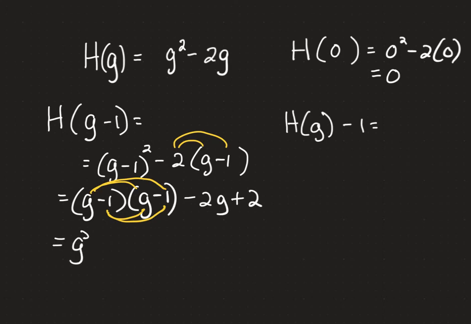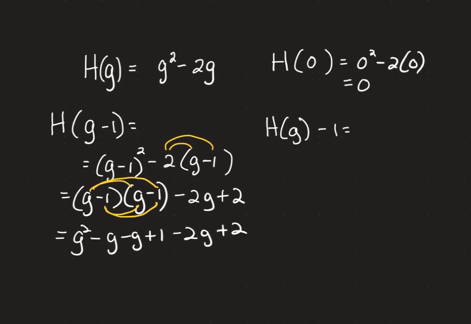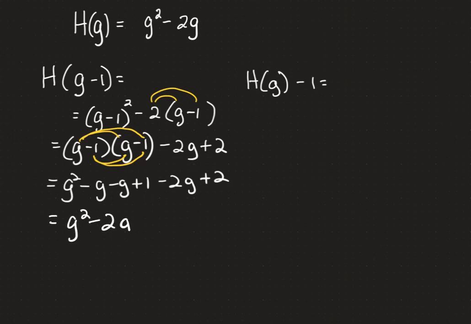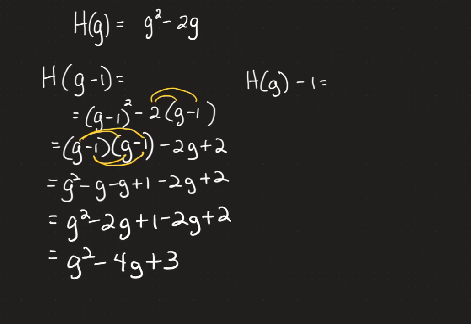So I get g squared minus g plus 1 minus 2g plus 2. I'm going to have to move up a little bit. Let's make it a little smaller as I go. Okay, so I have g squared minus 2g plus 1 minus 2g plus 2, which gives me g squared minus 4g plus 3.